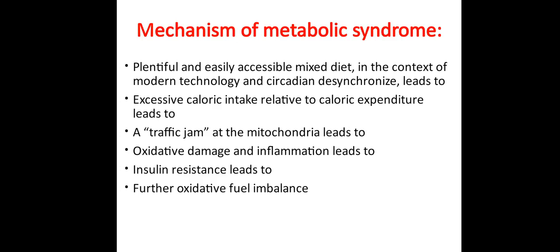As you see, there is a theory or hypothesis that step by step, a plentiful and easily accessible mixed diet in the context of modern technology and circadian synchronization leads to excessive caloric intake relative to caloric expenditure, leading to a traffic jam at the mitochondria, which in turn leads to increased oxidative damage and inflammation, which in turn leads to insulin resistance, and finally insulin resistance leads to further oxidative fuel imbalance.